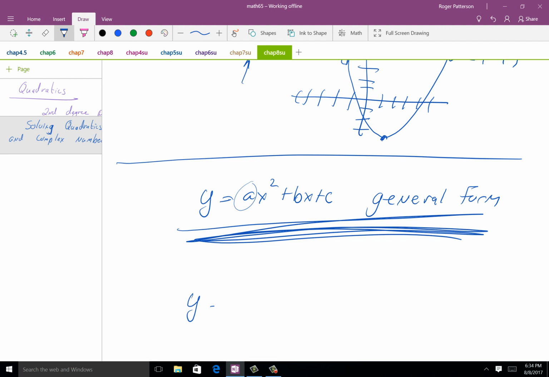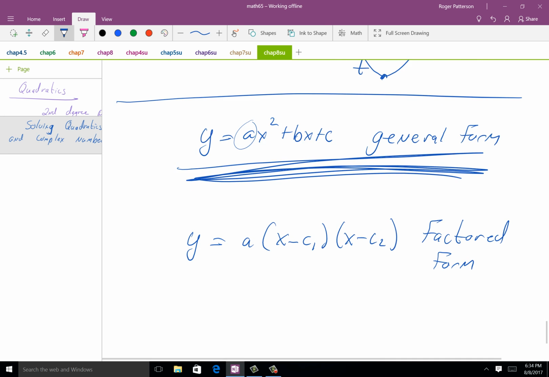The other form looks like this, which is what we say is factored form. And you've already written a bunch of stuff in factored form. And in this case, this C sub 1 and this C sub 2 are your x-intercepts.